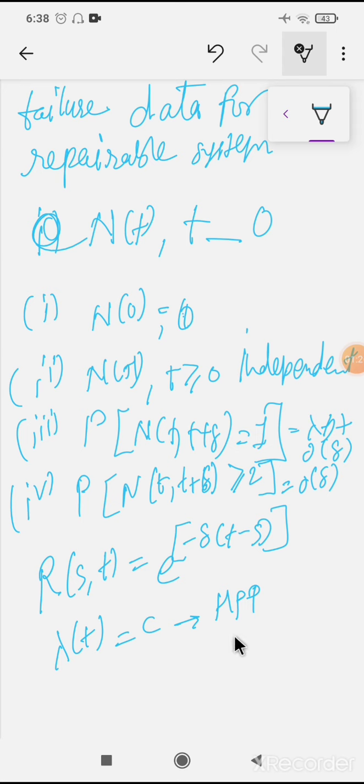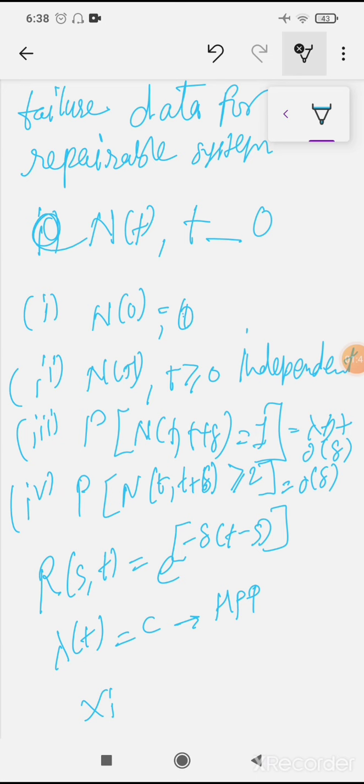An HPP is a sequence of independent and identically exponentially distributed Xi's, whereas in a non-homogeneous Poisson process the Xi's are neither independent nor identically distributed.